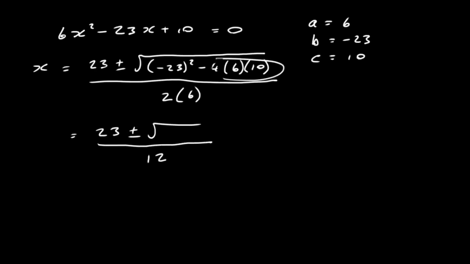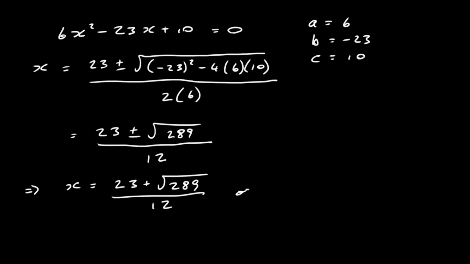So when you work out the discriminant here, this bit underneath here, you should get 289. So that'll give us our two values. In other words, you've got x is equal to 23 plus the square root of 289 over 12, or 23 minus the square root of 289 over 12.